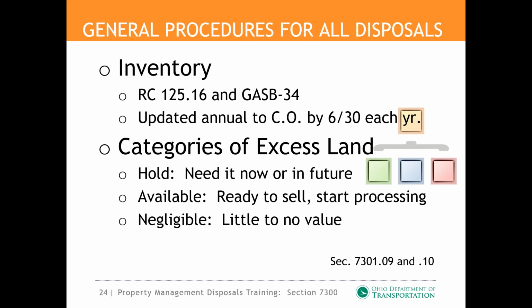The Governmental Accounting Standards Board, GASB 34, tells us that ODOT must submit an annual report on the sale and disposal of right-of-way land at the end of each fiscal year. All receipts of funds for sales or disposals of excess right-of-way lands need to be reported, as I said earlier, on Form 24-1.